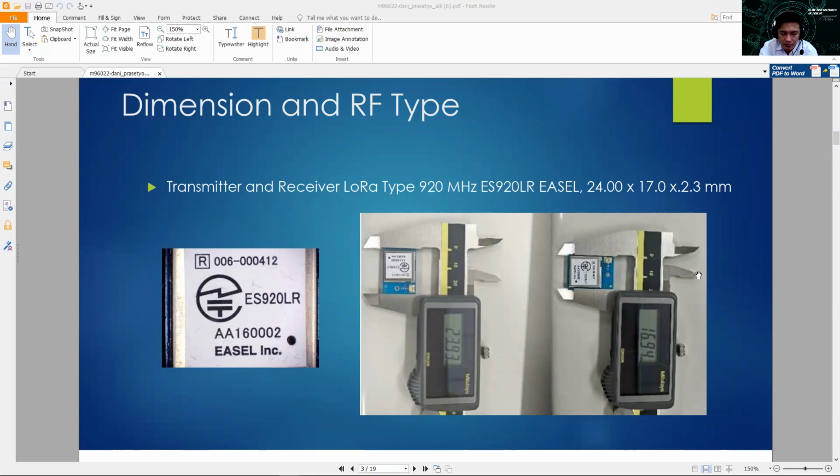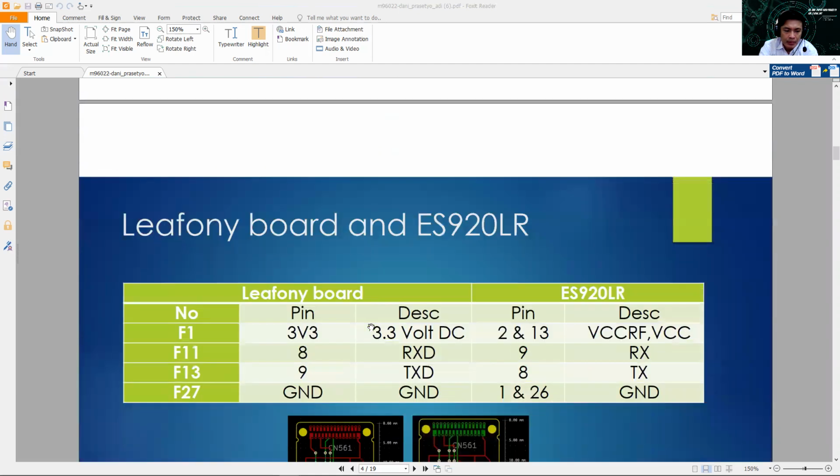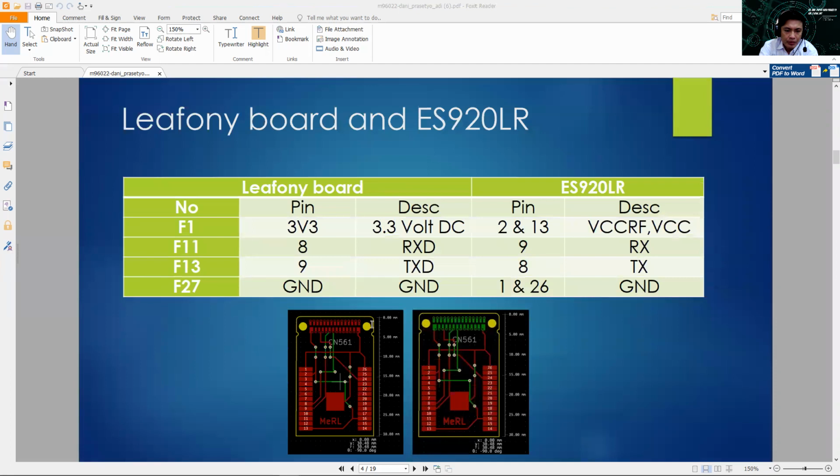The dimension is like this. And this is the pins from our transmitter. And this is a pin from the Leafony board and ES920LR. We use 4 pins on the Leafony board and ES920LR.